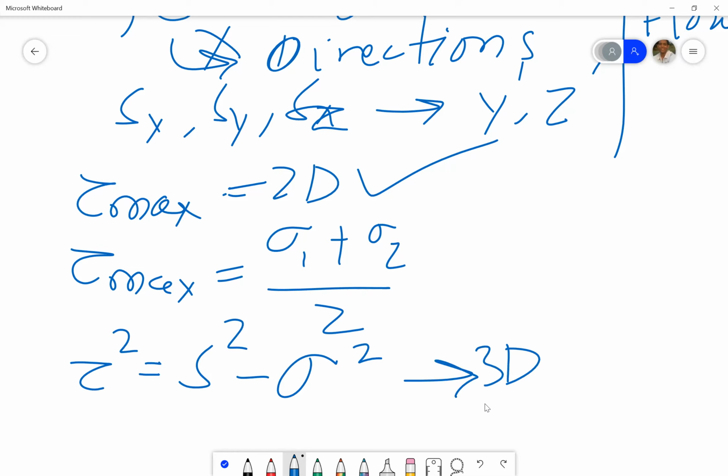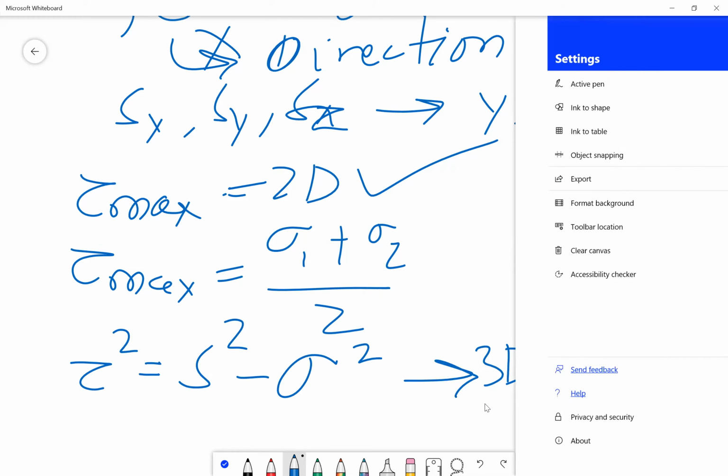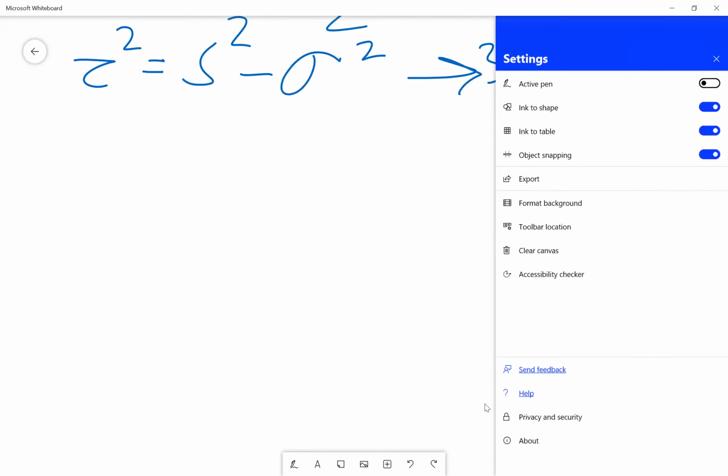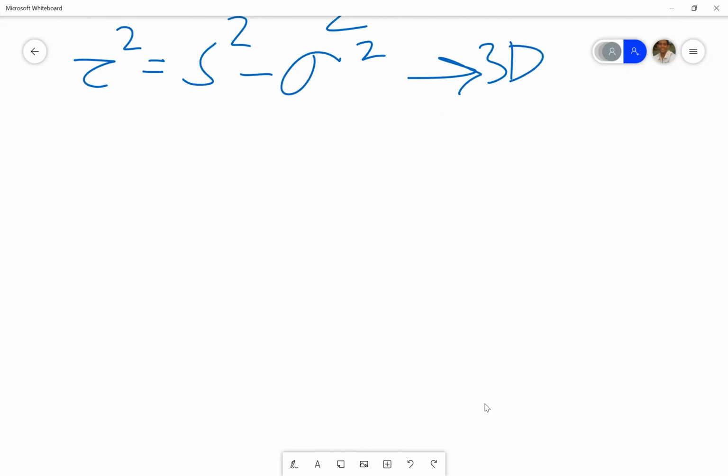In the three-dimensional case, putting the values here, now we'll go for the calculations. Write tau square.